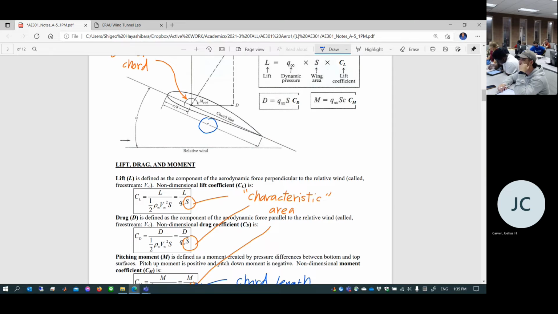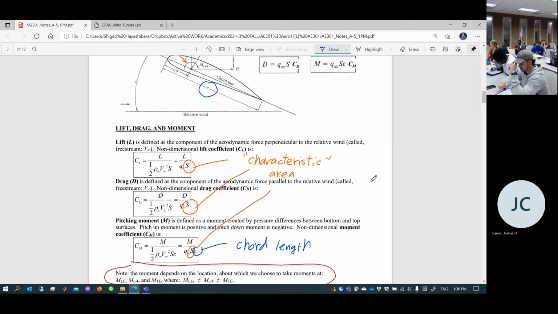Because moment is a force times some kind of length, in order to normalize it, you have to divide also by some kind of distance. This is also called characteristic length. Now, in aerodynamics, we commonly choose the chord length as the characteristic length. So in order to normalize the moment, you have to divide by q, the area, and the chord length.